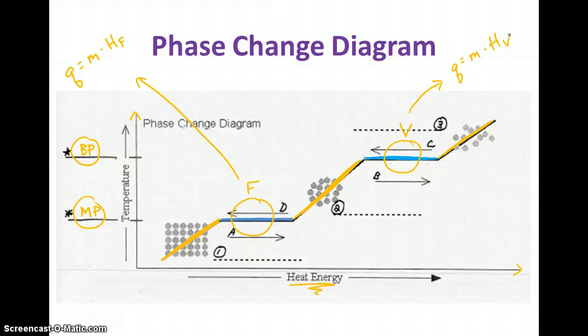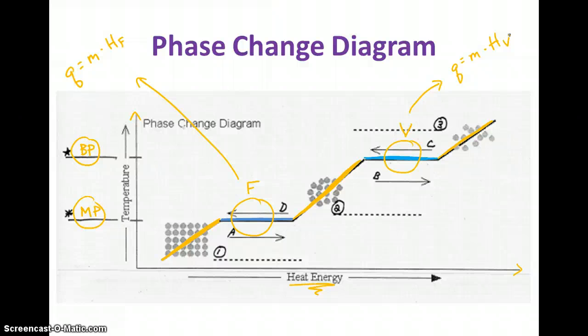The definition of heat of fusion is the amount of energy it takes to melt or freeze, to undergo that fusion process. There is no change in temperature. How much energy does it take to get us from a solid to a liquid? How much energy is released as we go from a liquid to a solid? That is heat of fusion.